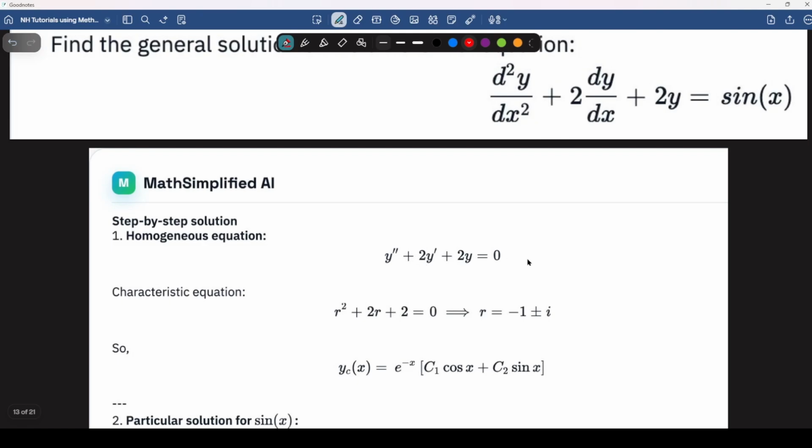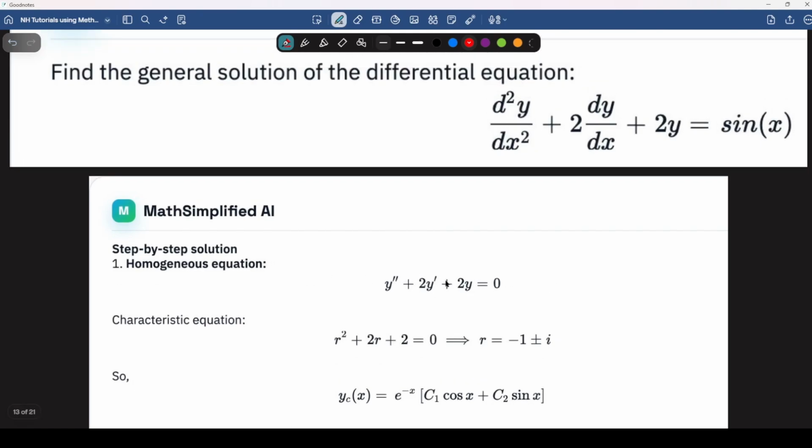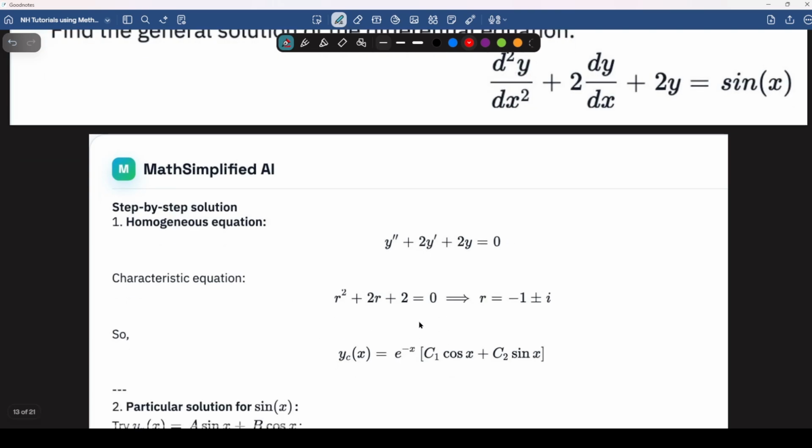So this will be our characteristic quadratic equation, which is y double prime plus 2y prime plus 2y equals 0. And this quadratic equation will give you complex roots, involving real and imaginary parts. So the roots are -1 plus or minus 1i.